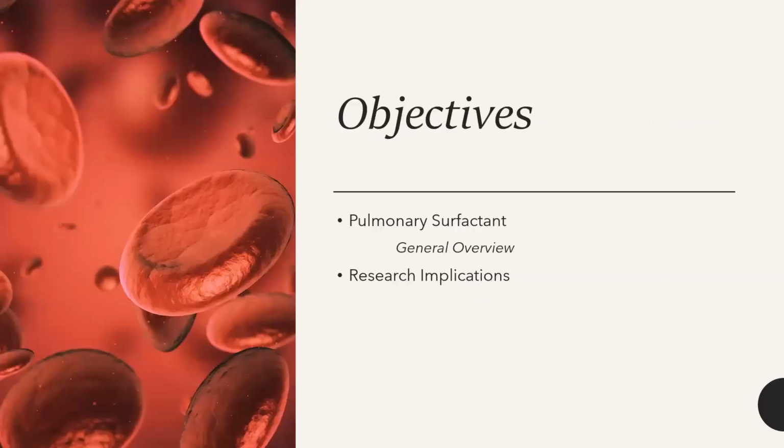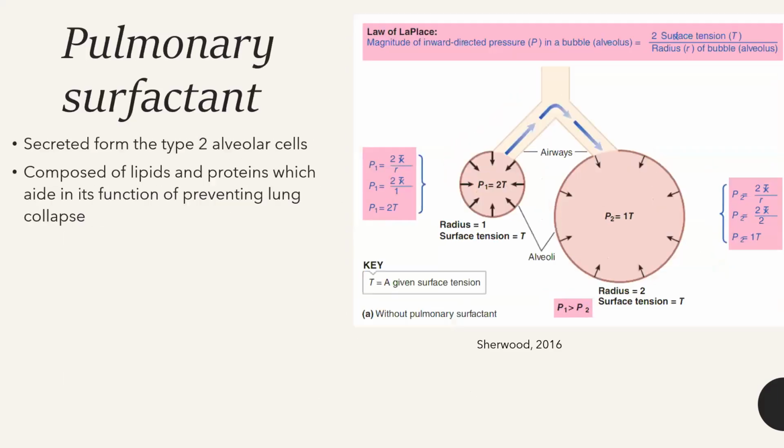So just to reiterate what we said, that was a lot of information. Surfactant is a necessary liquid inside of the alveoli, secreted by type 2 alveolar cells.